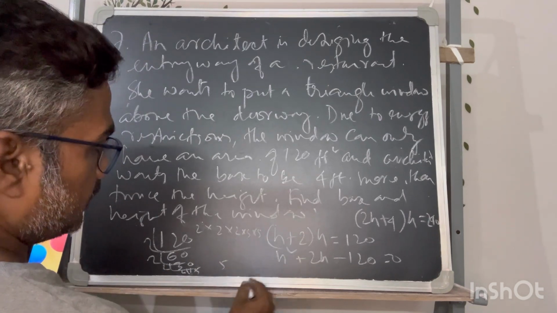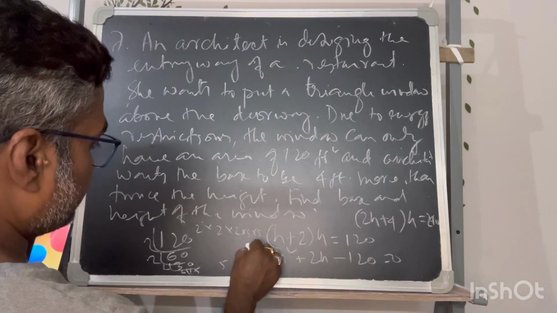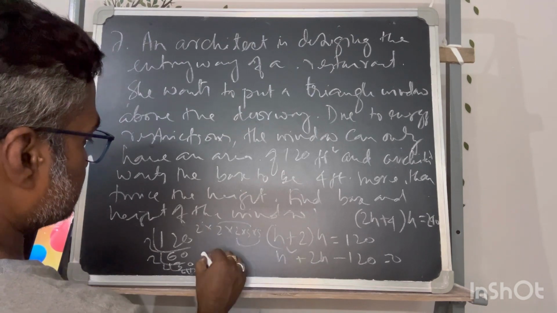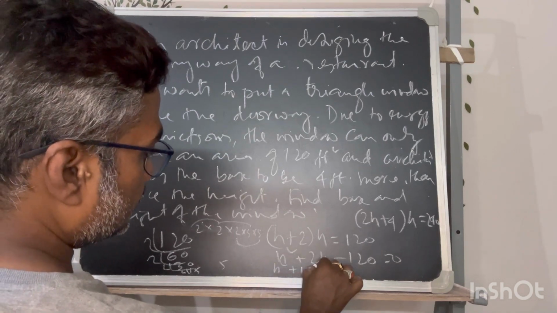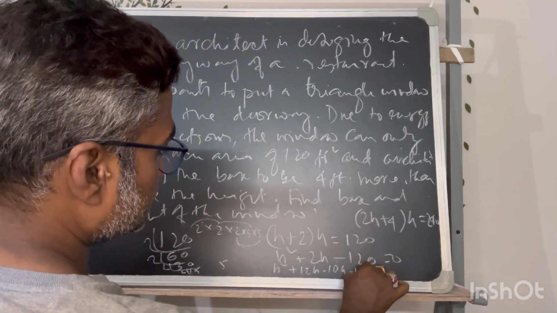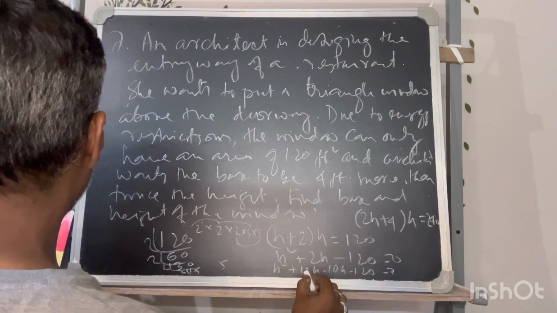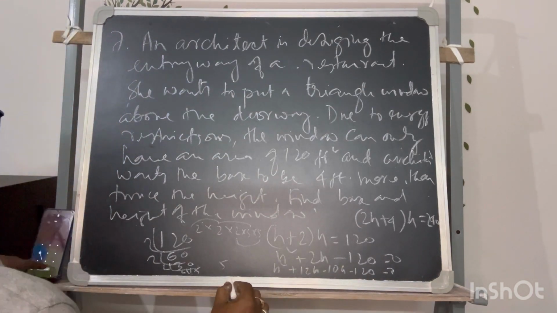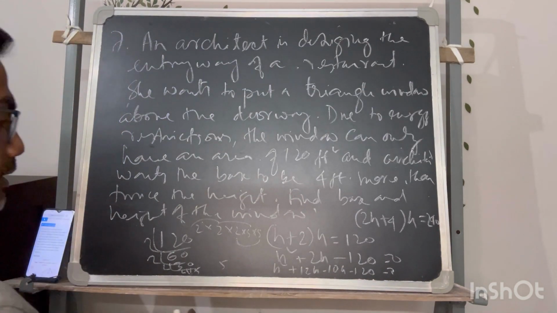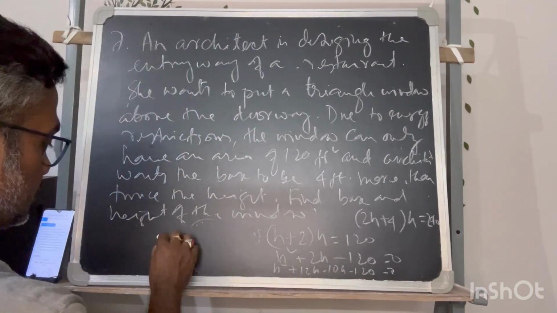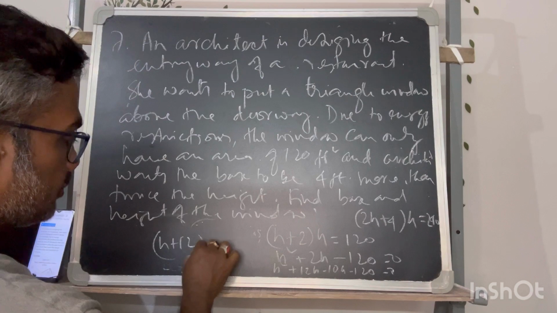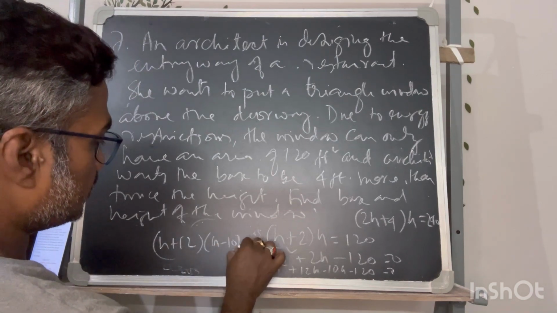Now how will you get the difference of 2? 5 into 2 is 10, 3 into 2 is 6, 6 into 2 is 12. So 12 and 10. 12h minus 10h minus 120 is equal to 0. So you will get (h plus 12) as one factor and (h minus 10) as one factor, equal to 0.